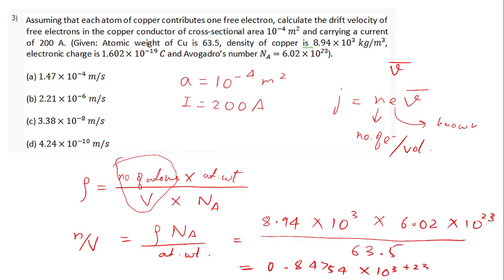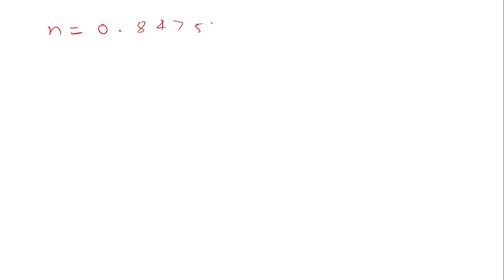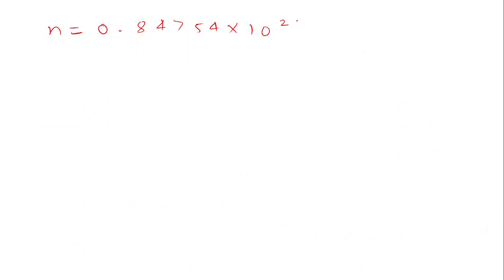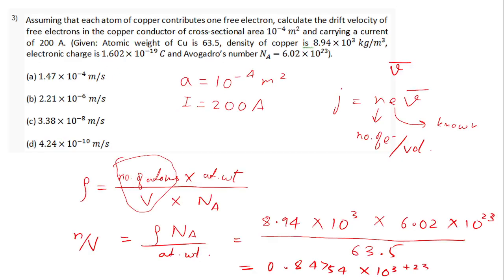So the number density will be 0.84754 times 10 to the power 26 per meter cube. And all the units were okay, kg per meter cube, right? Everything is fine. Okay.